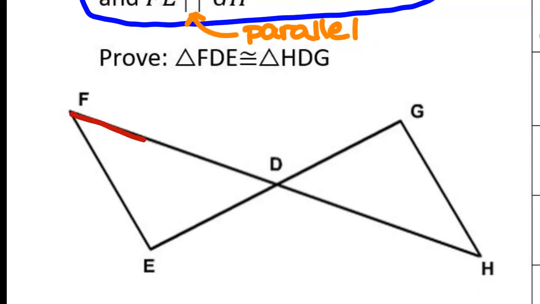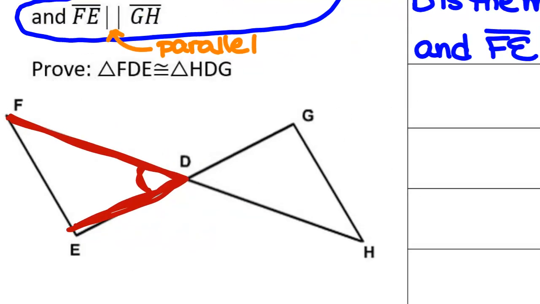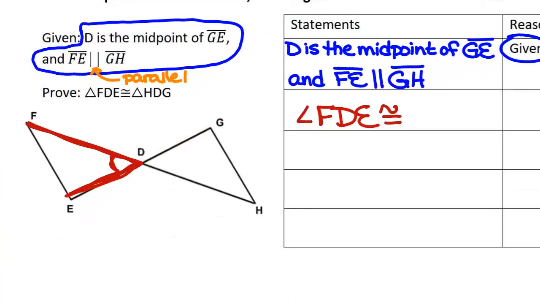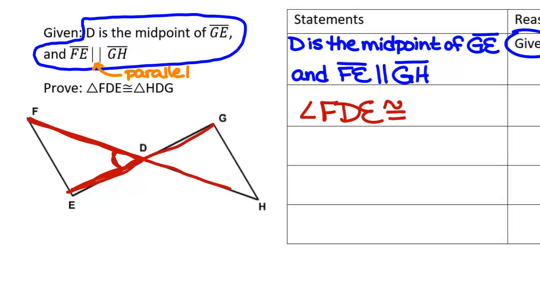So my vertical angles would be this one right here. What would the name of that angle be? FDE. So angle FDE is congruent to, and now I need my other vertical angle, this one. What would the name of this angle be?